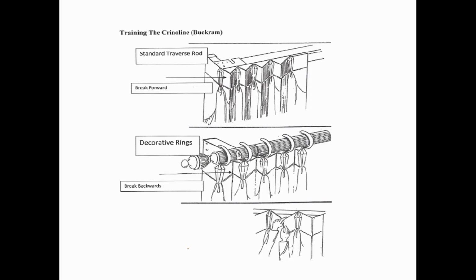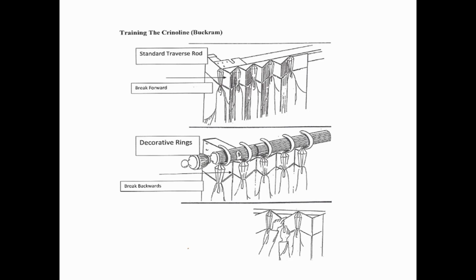Whoever is installing it actually has to put the drapery into that position, take his hands and crease that between each pleat and crease that buckram, so that when it opens and closes, it will kind of accordion fold. The drapery will open very nicely and also close very nicely.